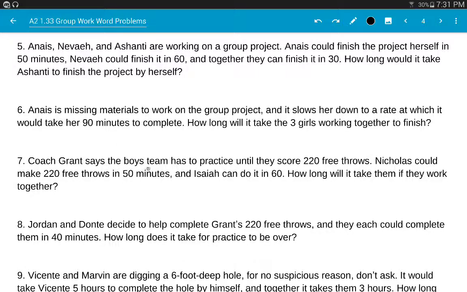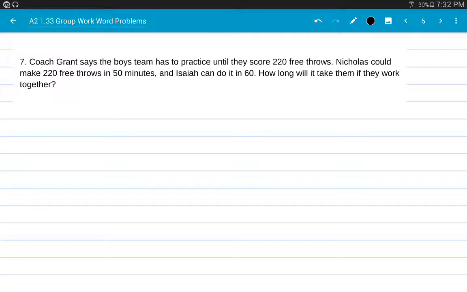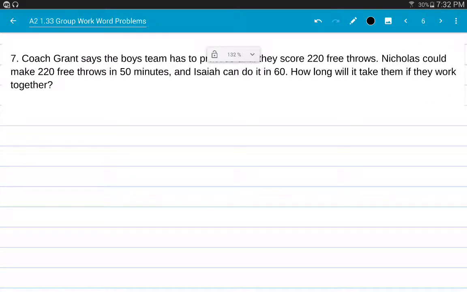Coach Grant says the boys' team has to practice until they score 220 free throws. Nicholas could make 220 free throws in 50 minutes, and Isaiah can do it in 60. How long will it take them if they work together? Well, since they're working together, their efforts are being added. So we essentially have two people participating here.